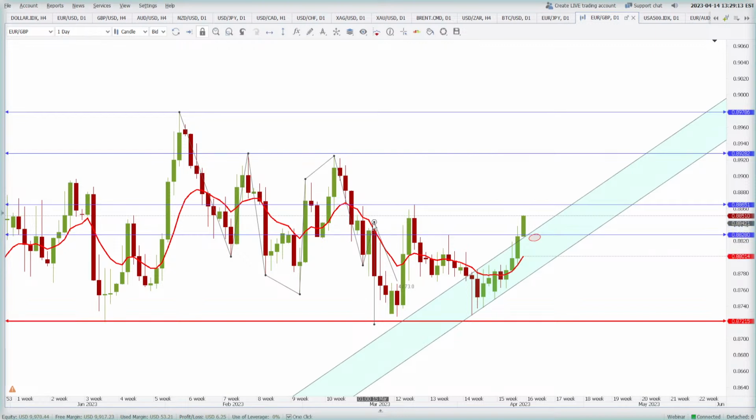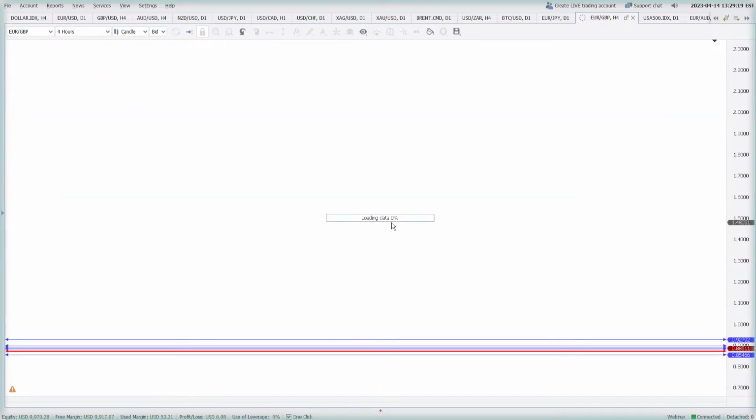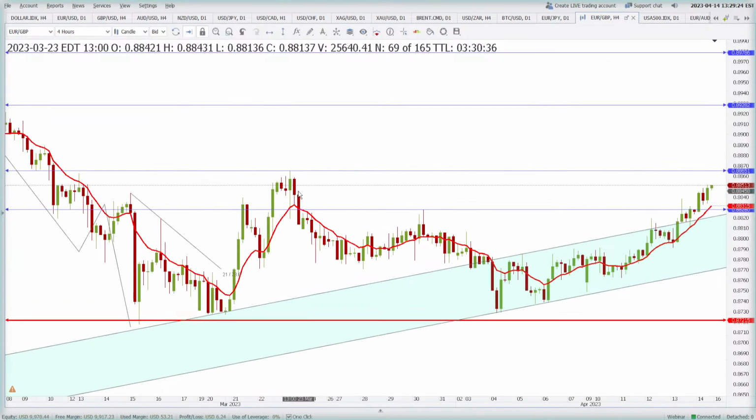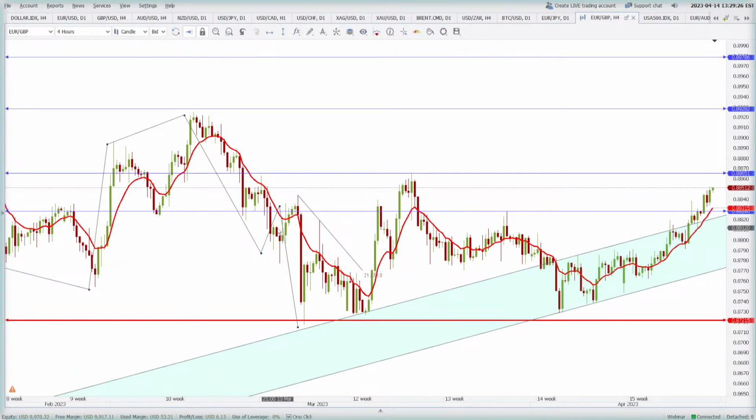You can see after making this high, or maybe this high, whatever. If you take either of these two, actually you switch to 4 hour and you will know. So you see, after making this low here, the price made this high here, and then it made this low here, right? So the market structure was bearish, but after making this low, the price made this high, which has abolished both of these highs. That means on the 4 hour at least this was done.